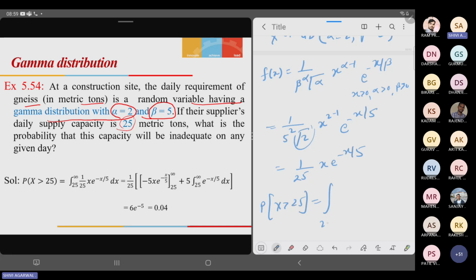So that is the integration from 25 to infinity of 1 upon 25 x e to the power minus x by 5 dx. Now again we have to do it by parts. So 1 by 25 is coming outside, then the first part of the integration, the second part of the integration, and when we simplify it, it is coming 6 e to the power minus 5, which is 0.04.